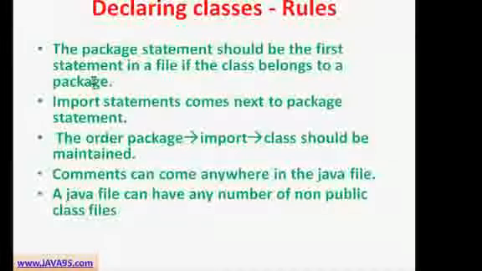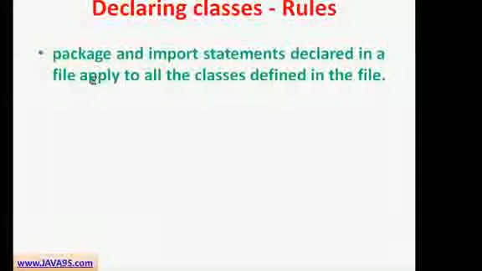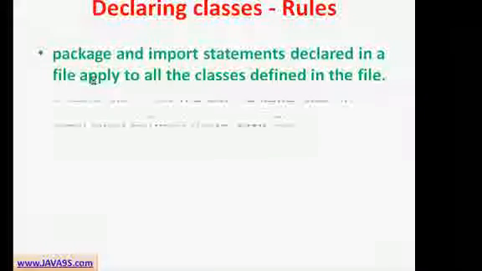Please remember, it is non-public classes, and that means it is implicit that there should be only one public class, and if there is one, the file name should be the name of the class which has public as an access modifier. Then package and import statements declared in the file apply to all the classes defined in the file.